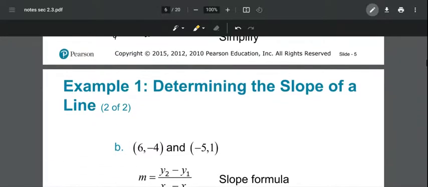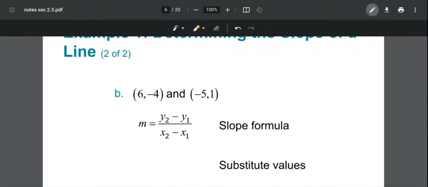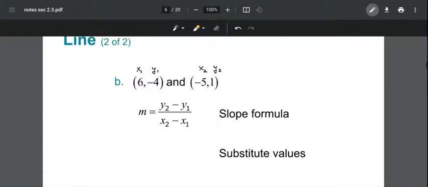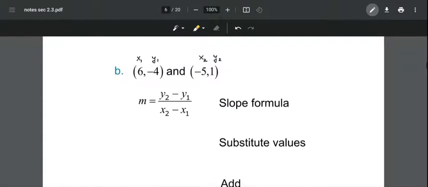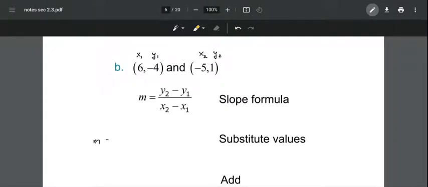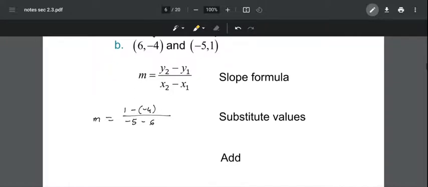The next example is very similar. We're going to find the slope between two given points. The same type of problem: label the first point as x1, y1 and the second point as x2, y2, and then substitute those values into the slope formula. So slope will be equal to y2, 1, minus y1, negative 4, divided by x2, negative 5, minus x1, 6.